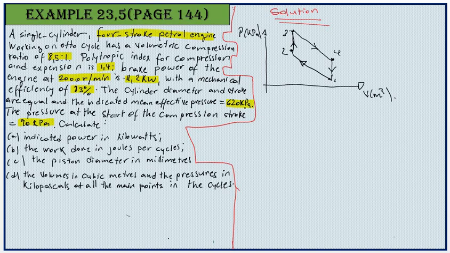Now we are given R, which is equal to 8.5 to 1. So R represents V1 over V2, which is 8.5.